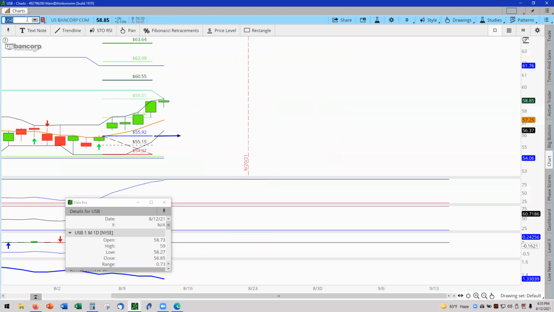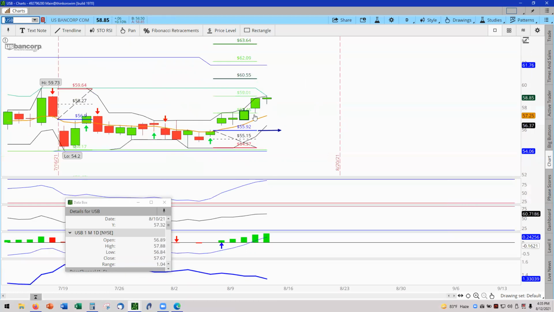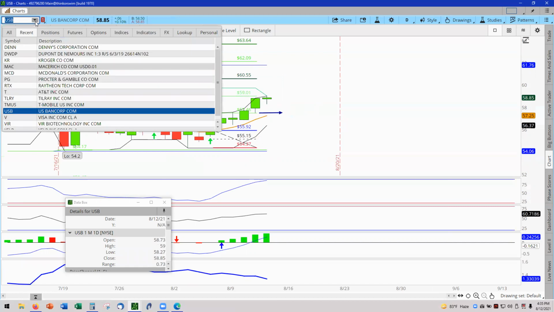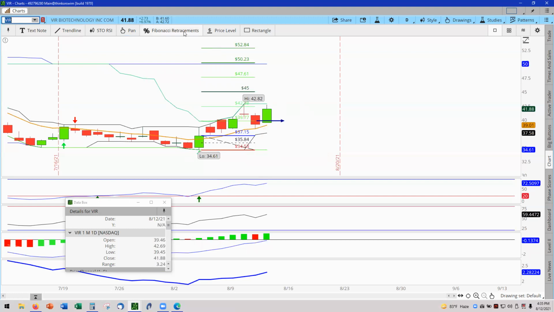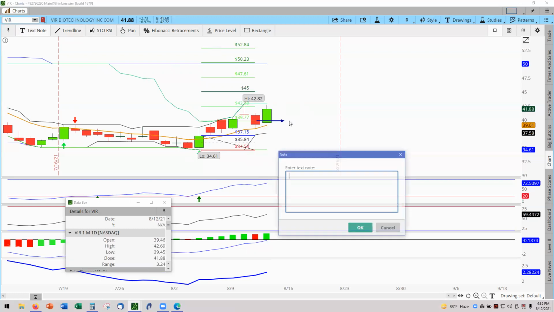Okay, going on now to USB, and it's clear. Look, it's cleared its first gantry right there. Cleared the first gantry. So now this stop is here. So let me back up. I just realized that we should do on these two that we do not make any mistakes. Go ahead and note that this is an 8/11.